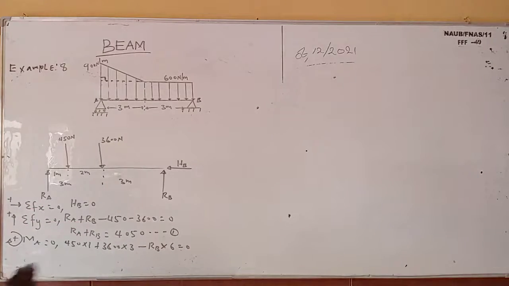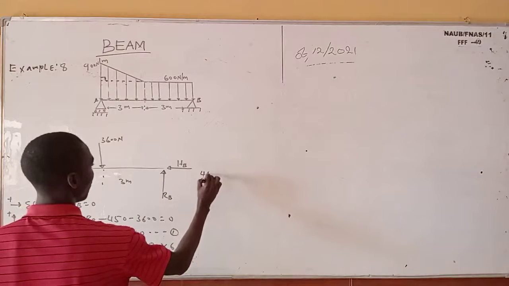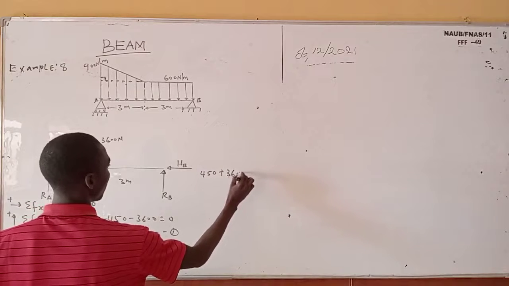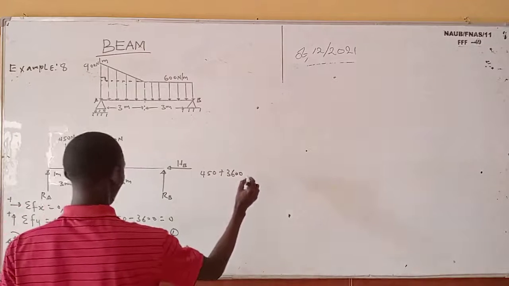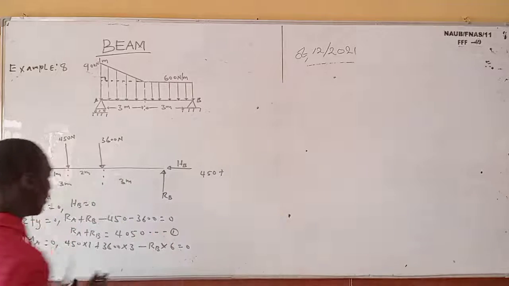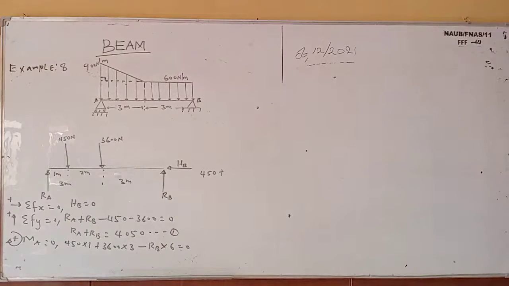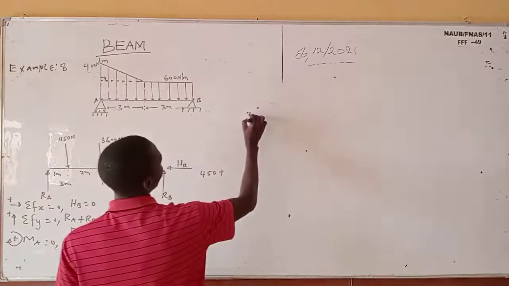So now it means that 450 times 1 is 450. 450 plus 3,600 times 3. Okay, let's do that somewhere here.